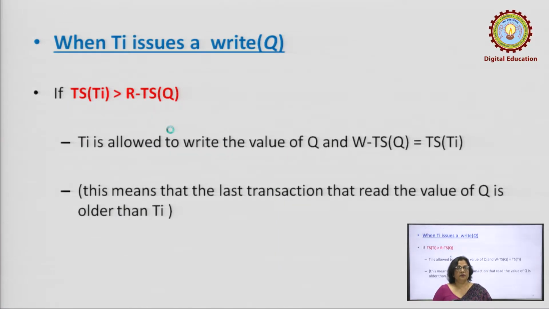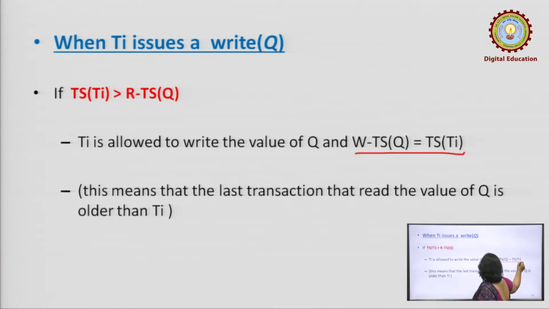The second case can be when TS of Ti is greater than the read timestamp of Q. That is, the timestamp of the transaction that is requesting the write is larger, or we say the transaction is newer than the transaction that last read the value of Q. Hence, the write is permitted and the write timestamp of Q is set to the timestamp of the transaction.